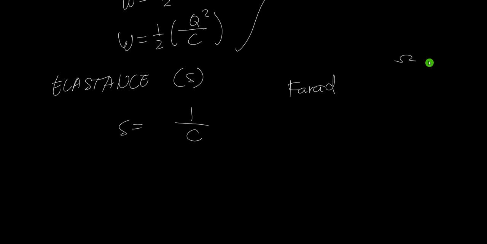The unit of conductance is the opposite of that, because they're opposite. This is mho, and this is ohm. For elastance also, they make this one the opposite, which is the daraf. So the unit of elastance is the daraf, or reciprocal of farad, or farad inverse. It's the same thing.